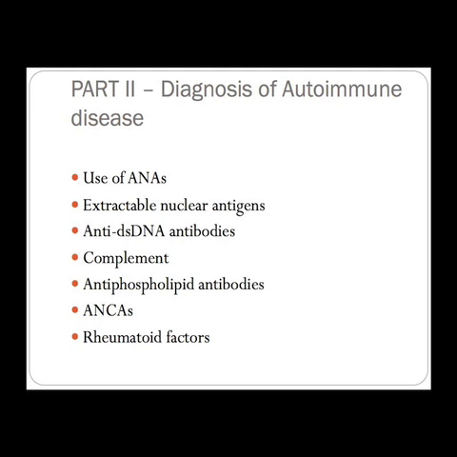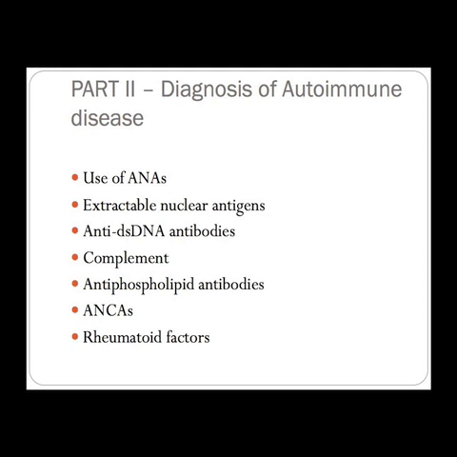Autoantibodies are often characteristic of autoimmune disease, and the amount of autoantibody is measured usually by titer. So results come back as a fraction, so 1 in 80, 1 in 160. Obviously, the greater the second number, the higher amount of antibody is present. It's very important that autoantibody tests should be ordered with reference to the clinical picture of the patient.